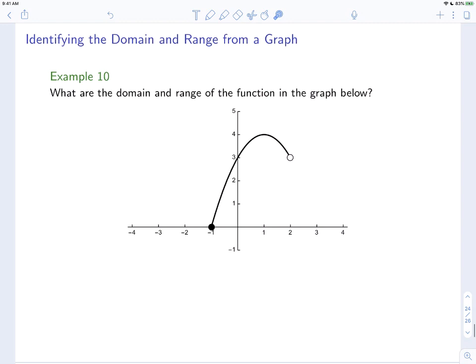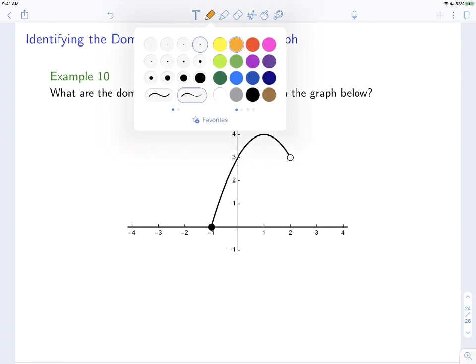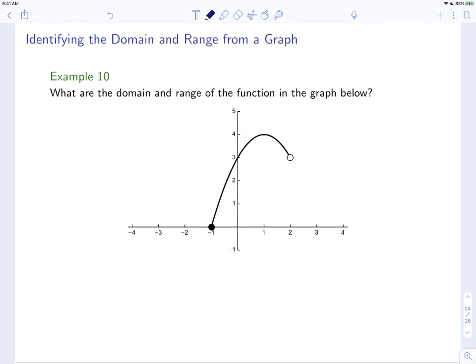Can we identify the domain and range from a graph? Well, you can. It's not always obvious what the numbers are, but you can usually get a good idea. For example, in this picture, the domain is all of the allowed x values. You can see from the picture that the smallest x value is -1.